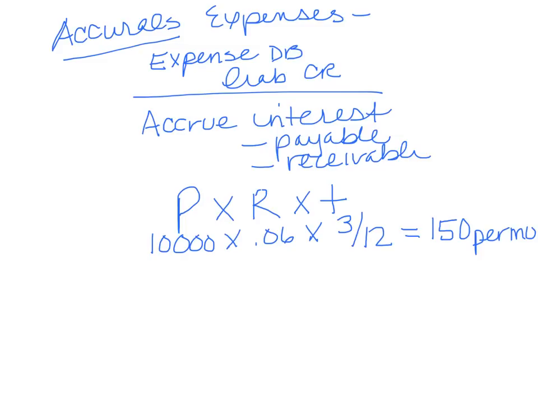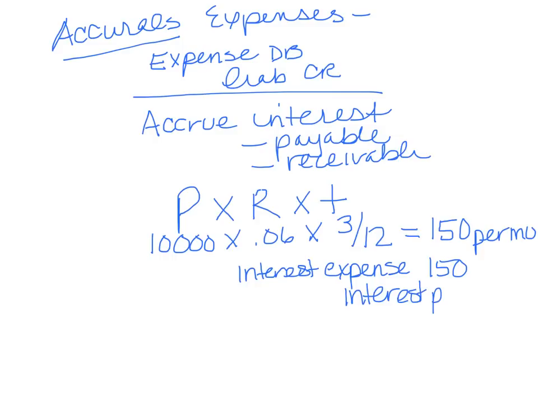Our accrual, if it was a notes payable, would be a debit to interest expense for $150, and a credit to interest payable for $150.